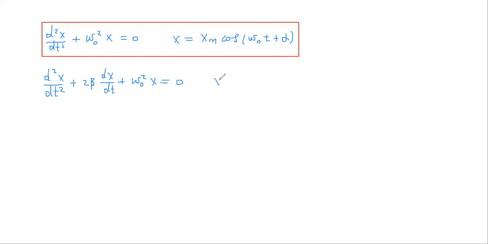We wrote that x is equal to gamma multiplied by y, where gamma is equal to e to the power of minus beta t.